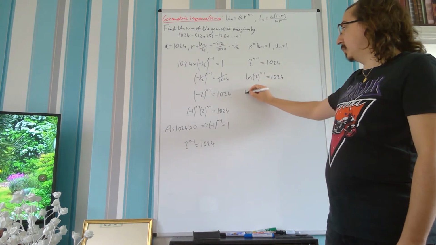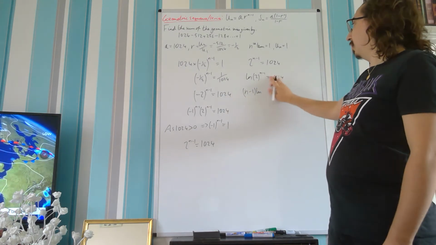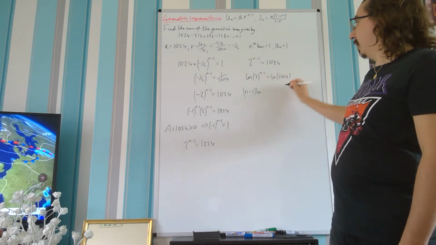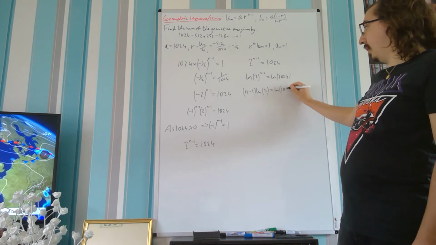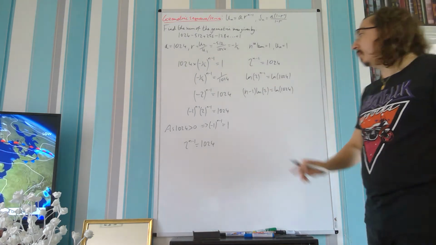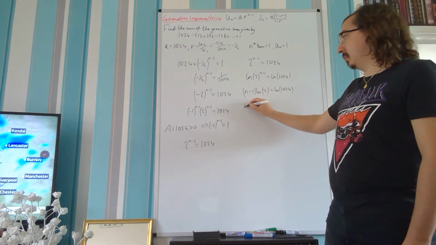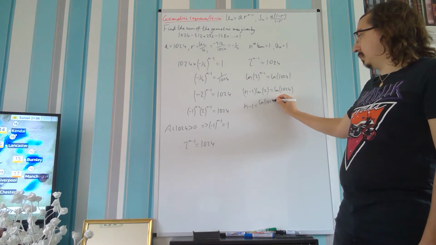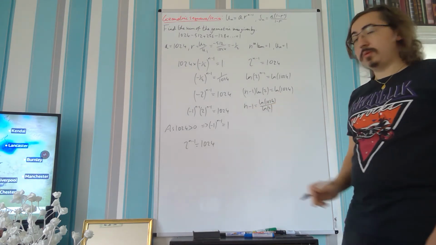Bring the power to the front as a multiplier, so n minus 1 times the natural logarithm of 2 is equal to the natural logarithm of 1024. This is a multiplication here, so when it moves it becomes a division. So n minus 1 equals the natural logarithm of 1024 divided by the natural logarithm of 2.